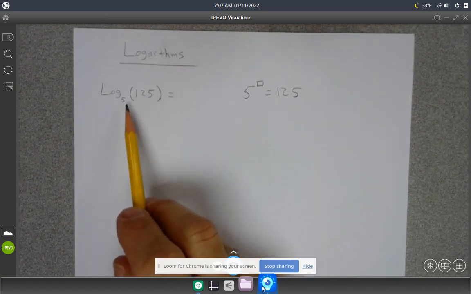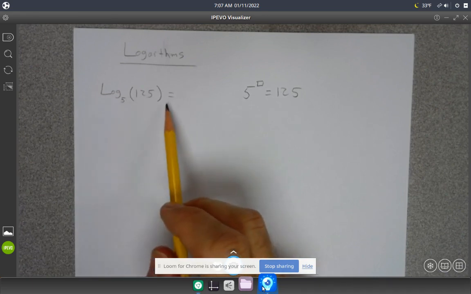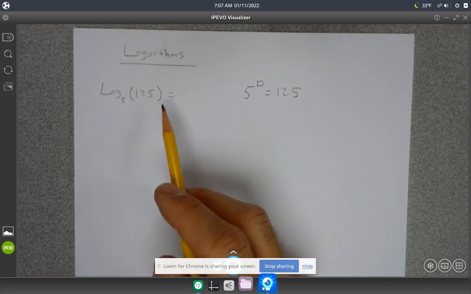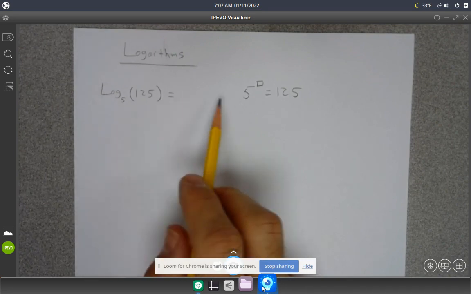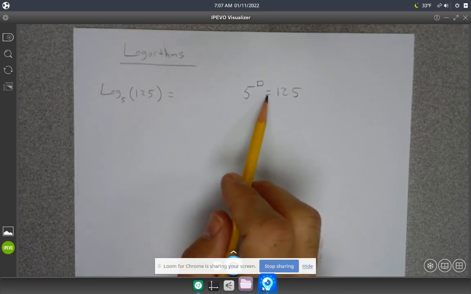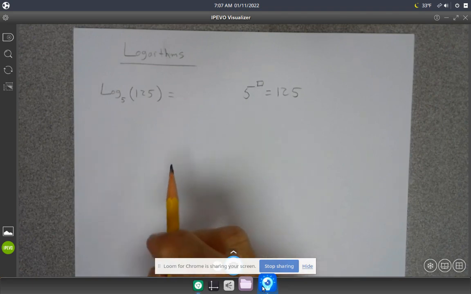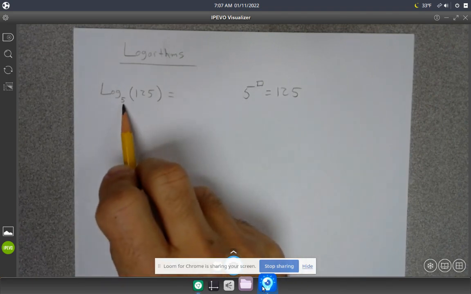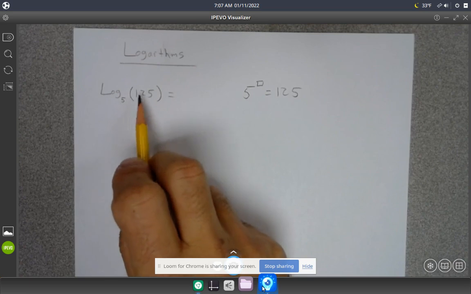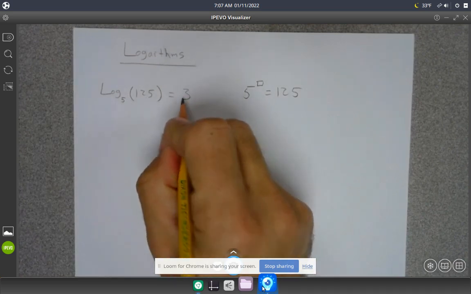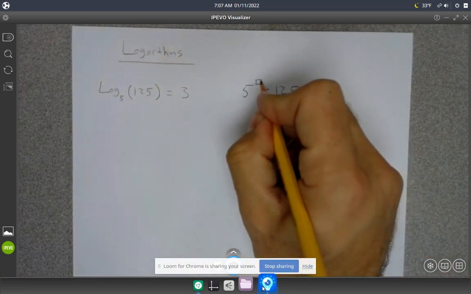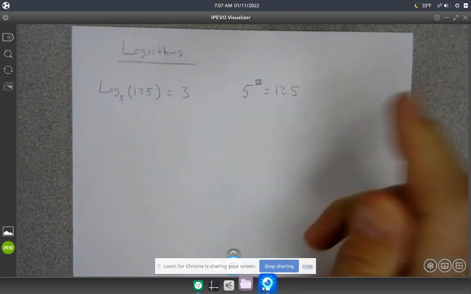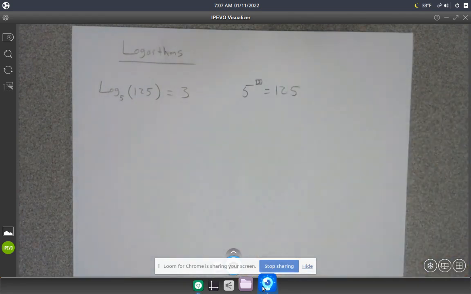They're just exponential equations without the equation, without solving for x. But that's how you figure them out: you translate them to one of these, and then you just figure out what goes in the little box. So what do I have to raise 5 to get 125? Well, that's 3. 5 to the third power is equal to 125.